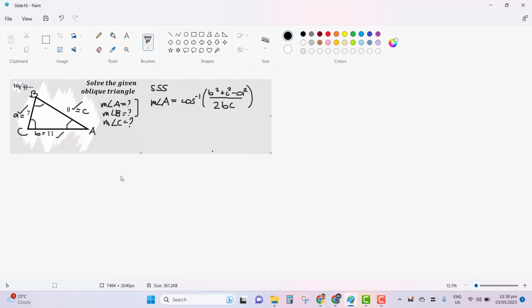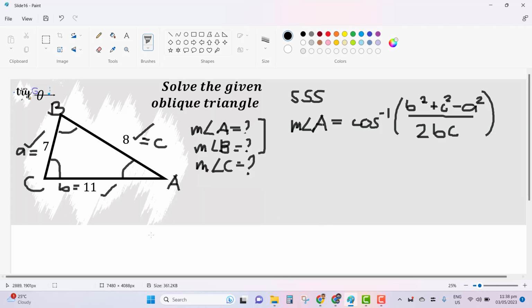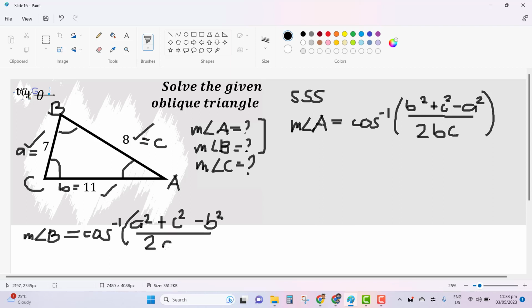Let us extend a portion of this so that we can write the formula for the measurement of angle B using the same pattern. So it's still arc cosine or cosine inverse, and it's b squared we'll be subtracting here. In short, that's a squared plus c squared minus b squared all over 2ac.